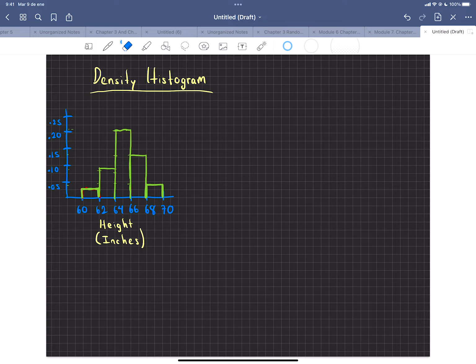All right, what is this for? With the density histogram, you can compute the relative frequency.